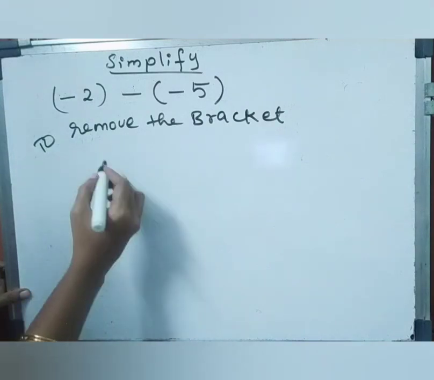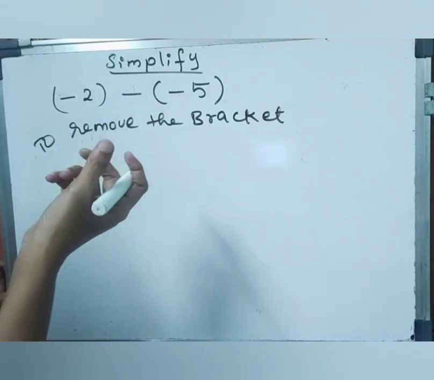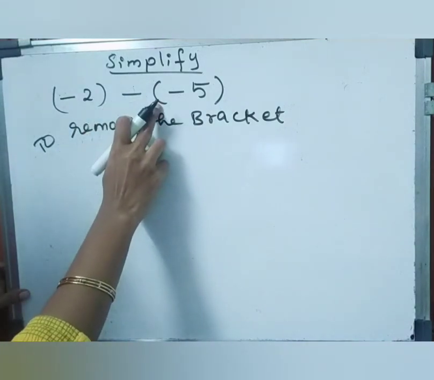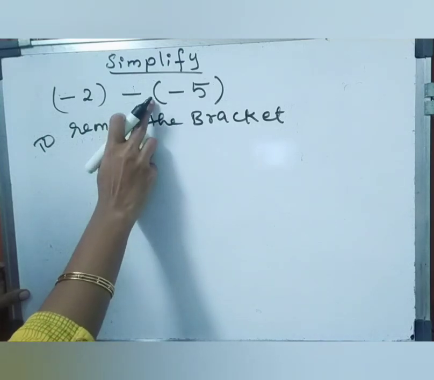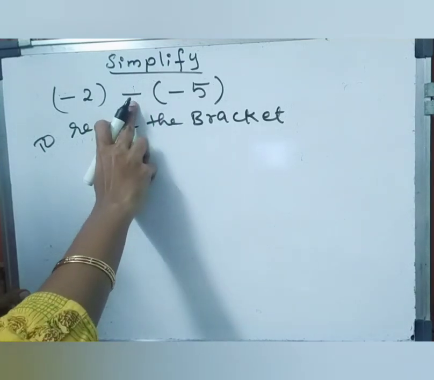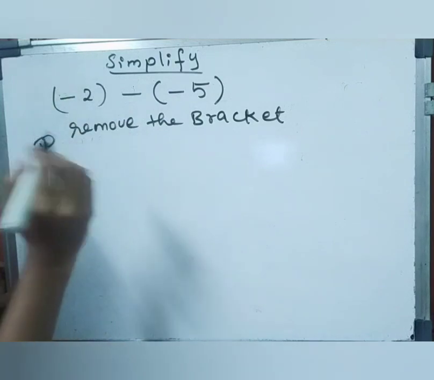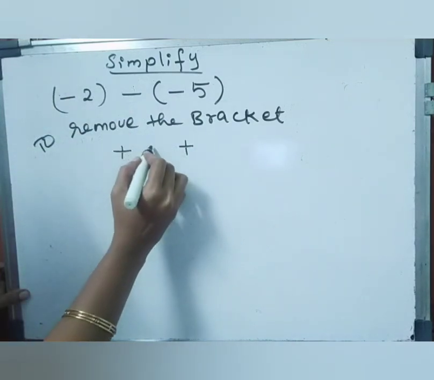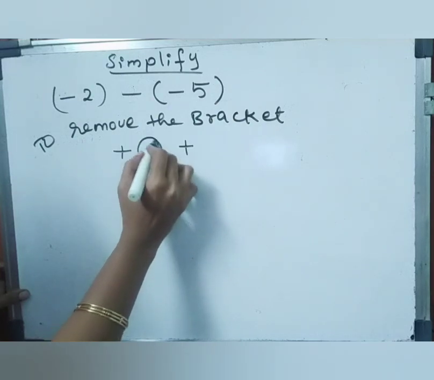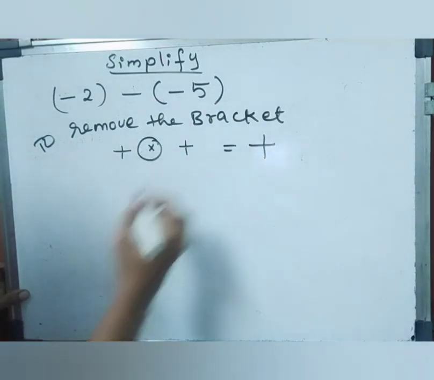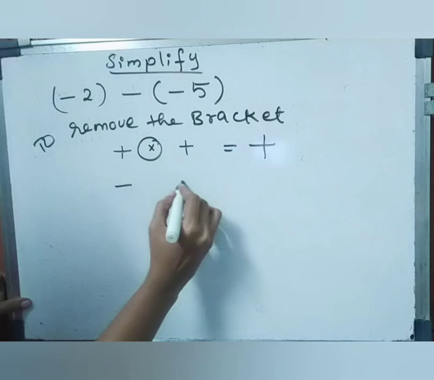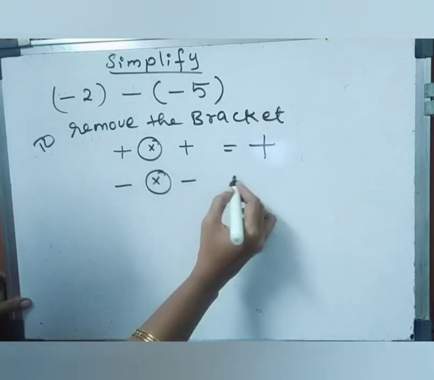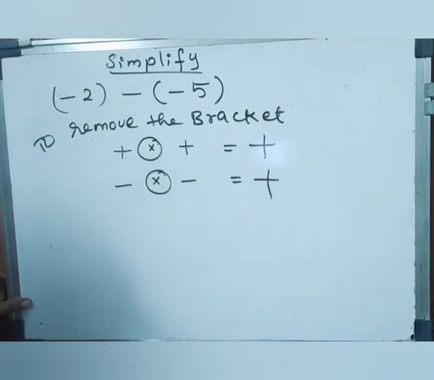we have some rules. Multiplication of signs. A bracket is nothing but a multiplication. We have to multiply the sign which is before the bracket and the sign which is inside the bracket. How are we going to multiply? When we take two positive numbers for multiplication, the answer is positive. When we take two negative numbers for multiplication, again you get positive.